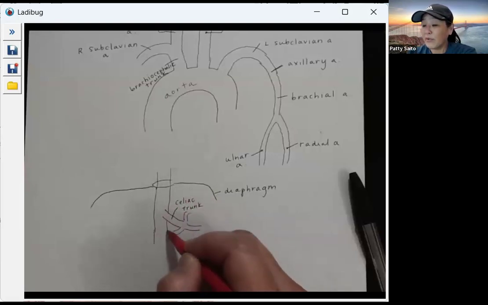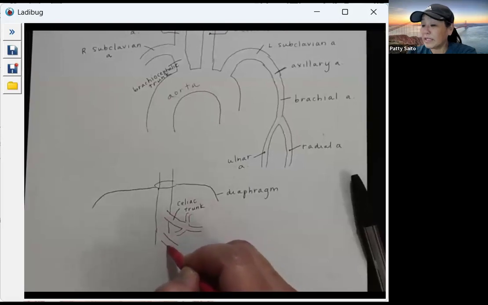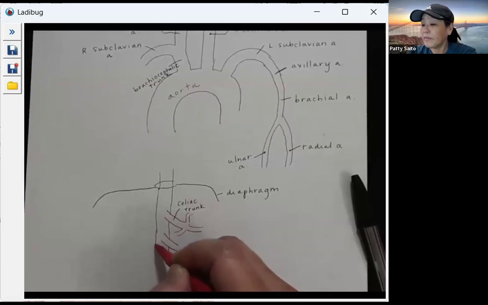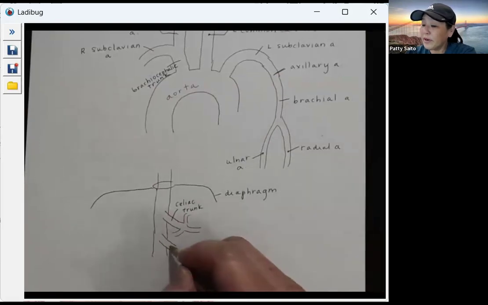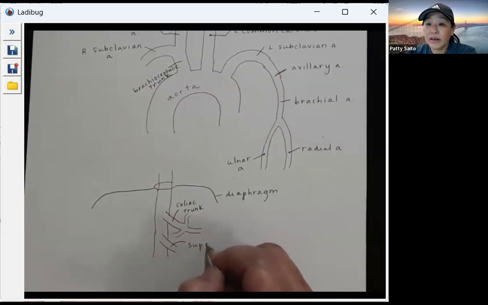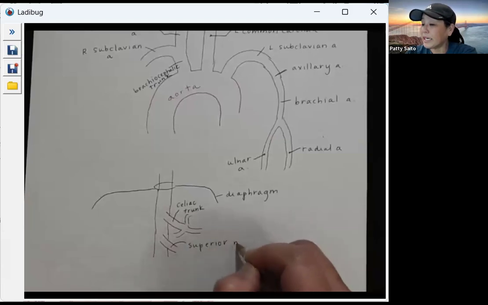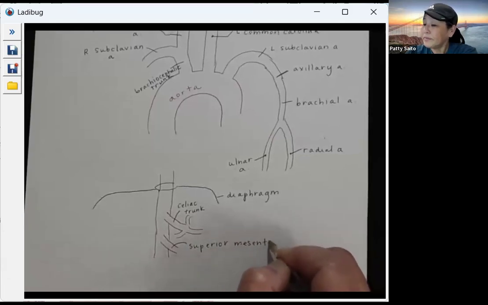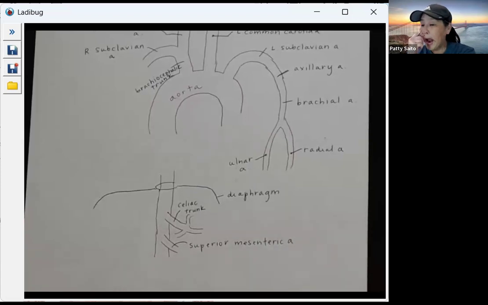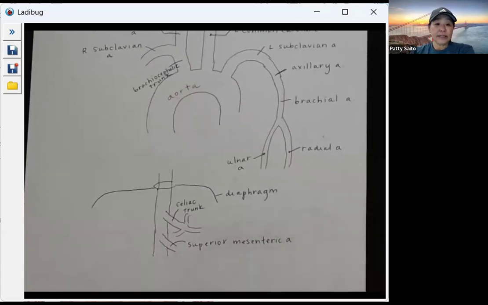The next branch, if we follow, is a pretty big vessel called the superior mesenteric artery. Okay, the mesentery is the peritoneum, the serous membrane and epithelium, the connective tissue too that surrounds all the intestines.